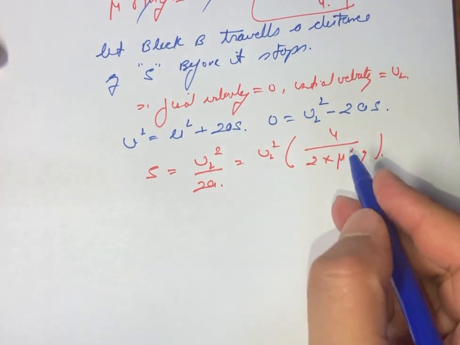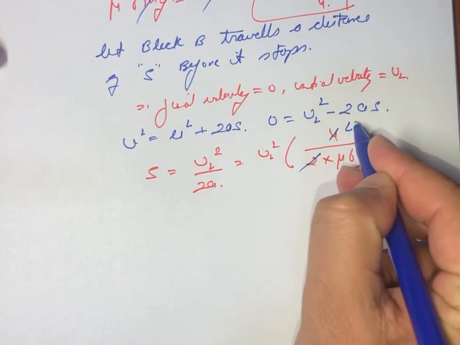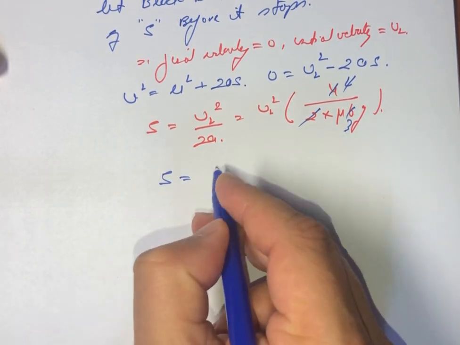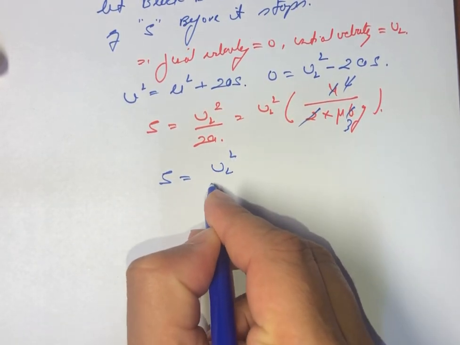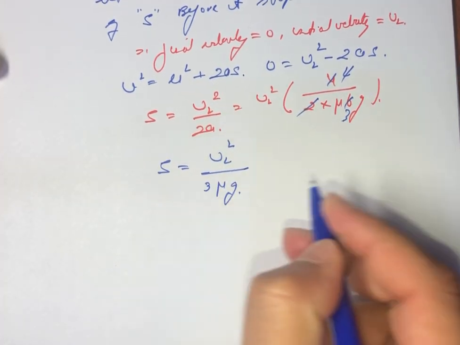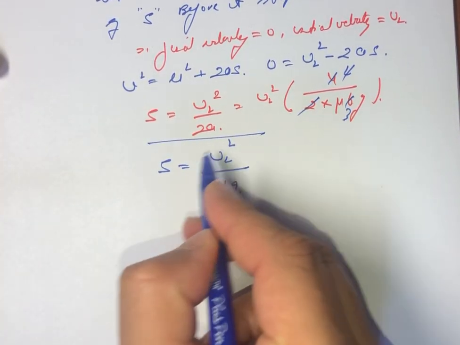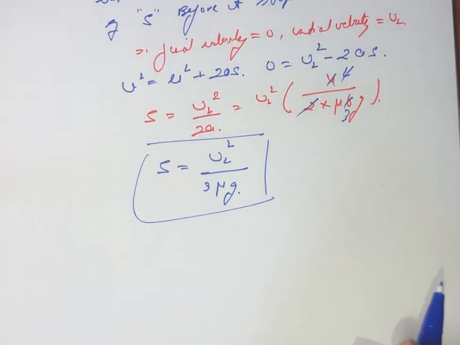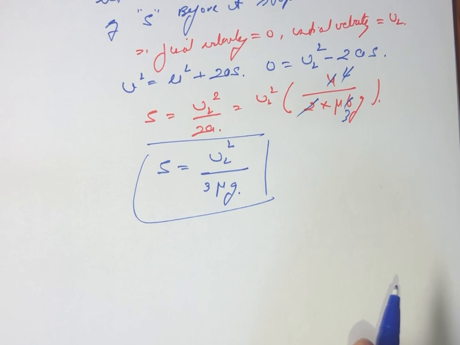So we can cancel it out. This is 2 and this goes by 3. So we can say s is equal to v2 squared upon 3 mu g. So this is the distance after which the block B is going to stop.